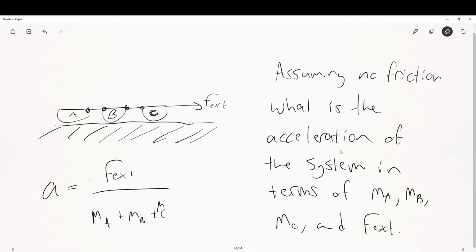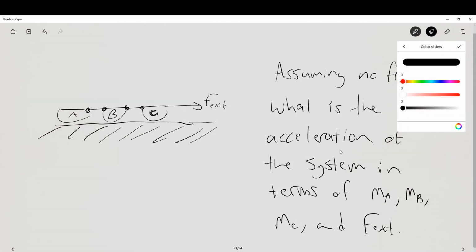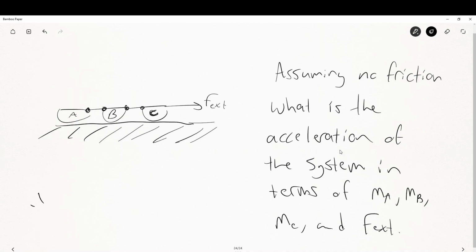And the way I'm going to record this as a lesson for you is that the acceleration of a system is the force exerted on that system divided by the system's effective mass, whatever that effective mass is found out to be.